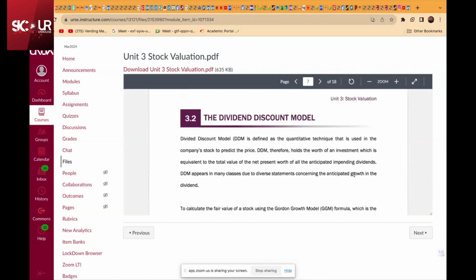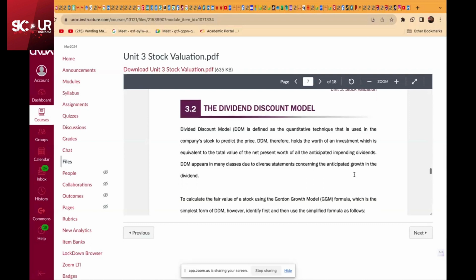Now, the dividend discount model, DDM, is defined as the quantitative technique that is used in company stock to predict the price. The dividend discount model therefore holds that the worth of an investment is equivalent to the total value of the net present worth of all the anticipated impending dividends.